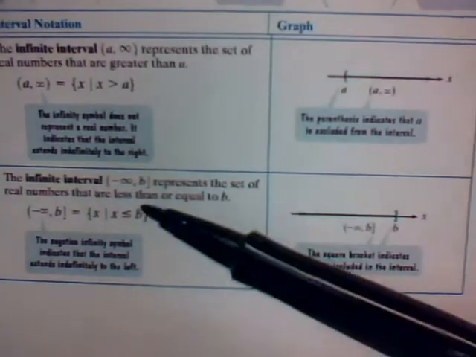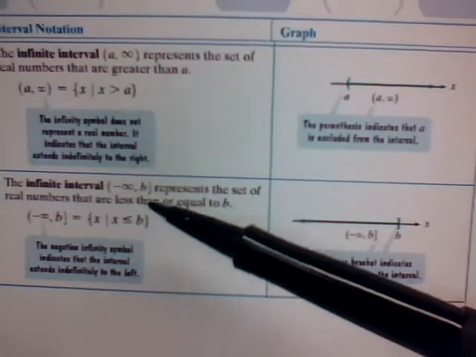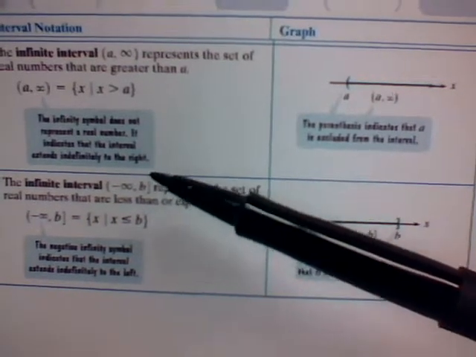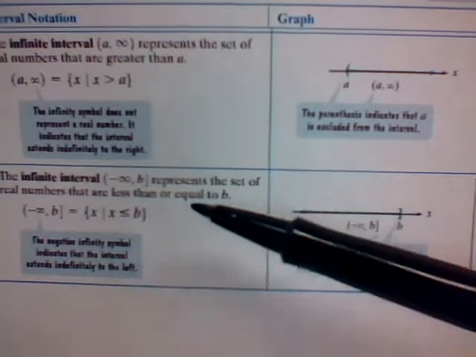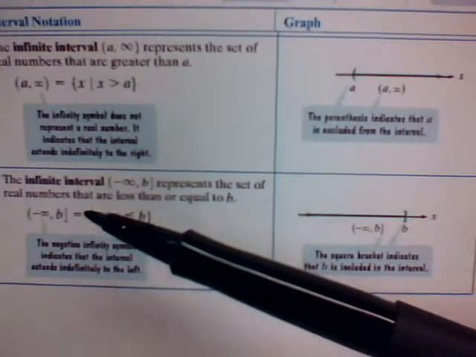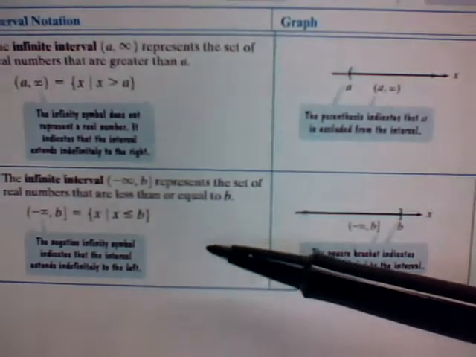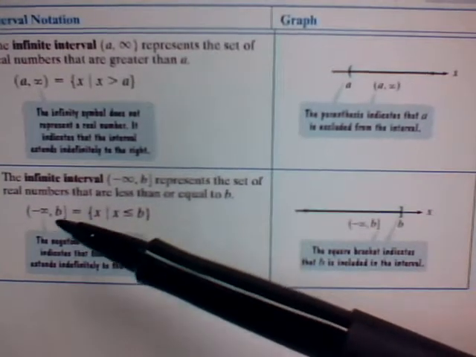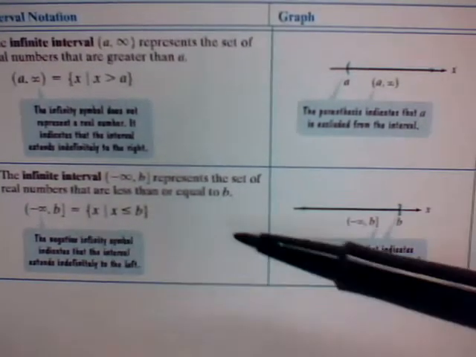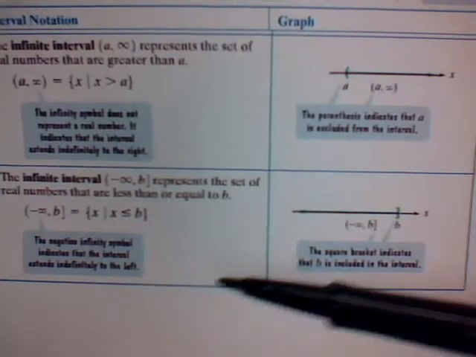And another infinite interval would be from negative infinity up to b, which includes b, and here we have the bracket, for example. This represents the set of all real numbers that are less than or equal to b. And again, it goes on and on indefinitely to the left.